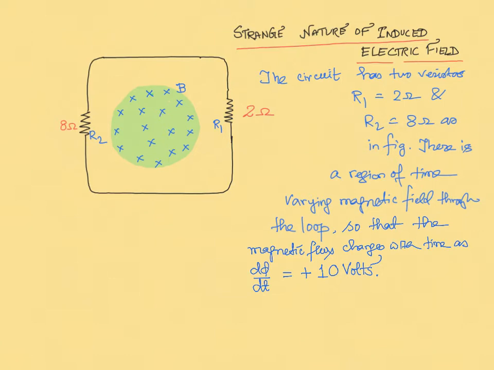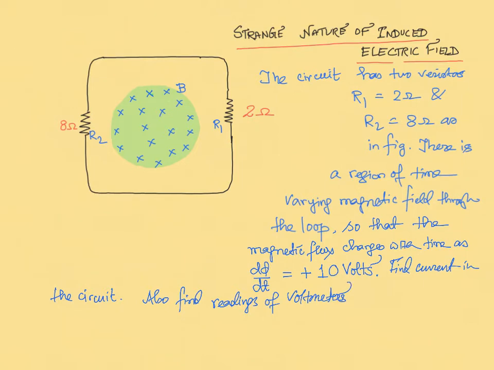Now in this circuit, find the current flowing in the circuit. Also find the readings of the voltmeters V1 and V2.